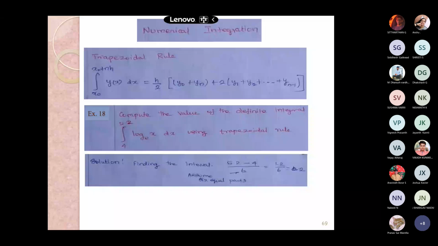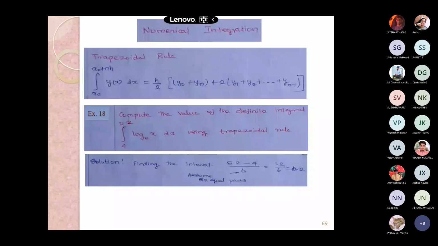From this information, the interval is 5.2 minus 4, that is 1.2. Here we are going to assume n as 6, that is 6 parts. I'll tell you on what basis n can be assumed. So the numerator and denominator are 1.2 and 6, so the h value is equivalent to 0.2.